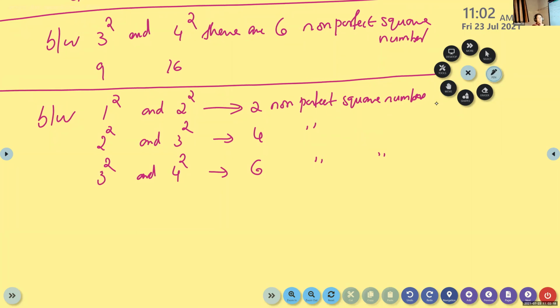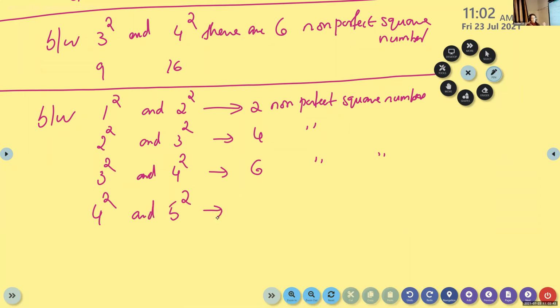Between 1 square and 2 square, there are 2 non-perfect square numbers. Between 2 square and 3 square, there are 4. Between 3 square and 4 square, there are 6. So between 4 square and 5 square, how many?